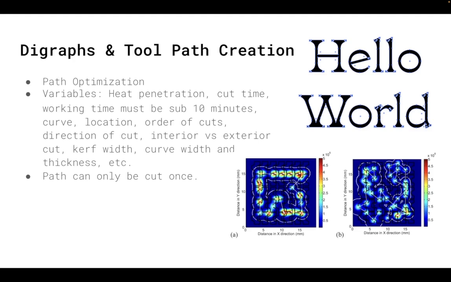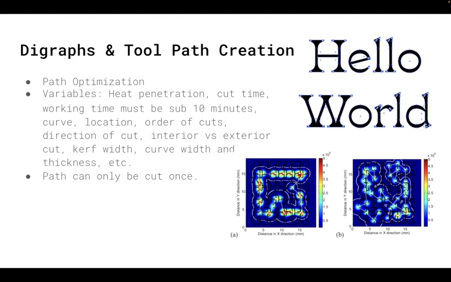In creating toolpaths, there are a lot of variables that need to be taken into account. In general, the most important ones are the cut time, heat penetration, order of cuts, interior versus exterior cuts, curve width, and the thickness of the material, which can be determined by the type of material and its electrical resistance in ohms.